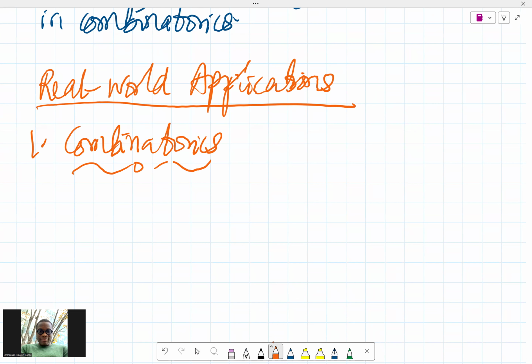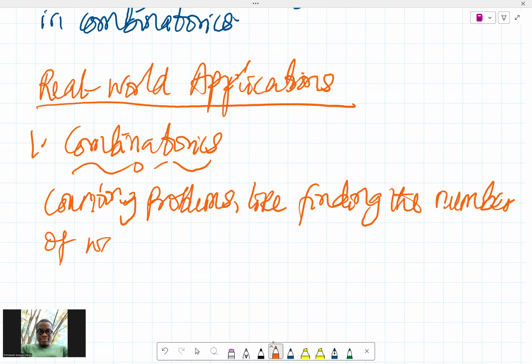Let me just go ahead and write that. So combinatorics are counting problems, like finding the number of ways to partition a number or distribute objects.